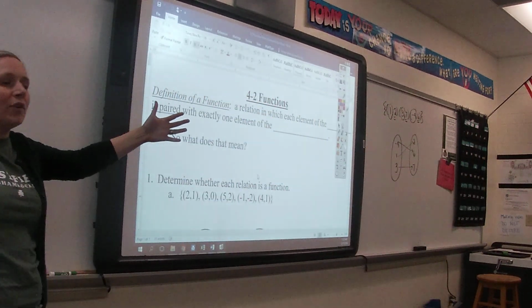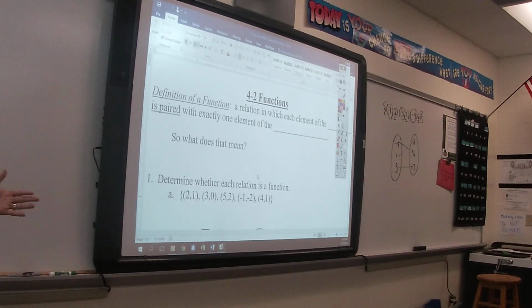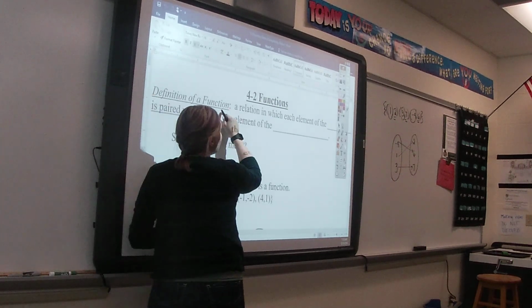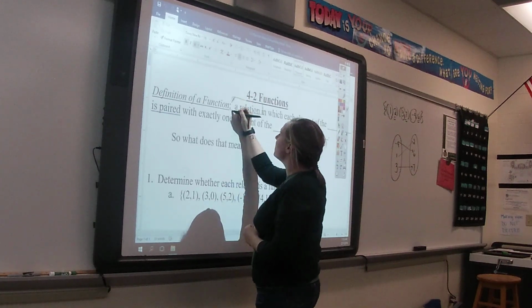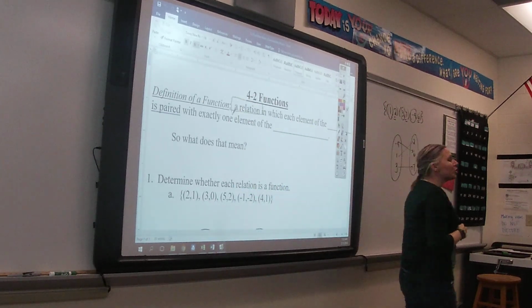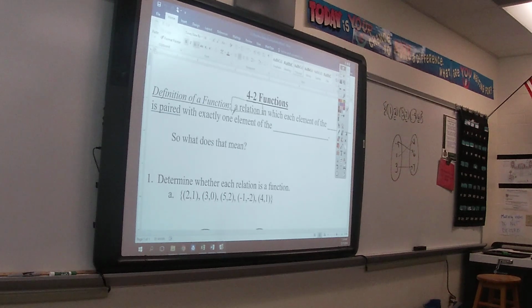We know this information about relations. We want to narrow our view to focus on functions. A function is a relation. So we're not talking about something new. We're talking about something that is more detailed. A function is a relation.